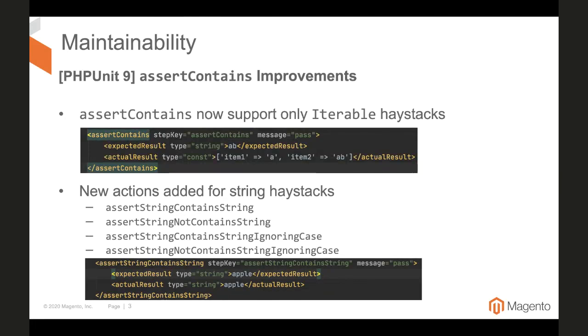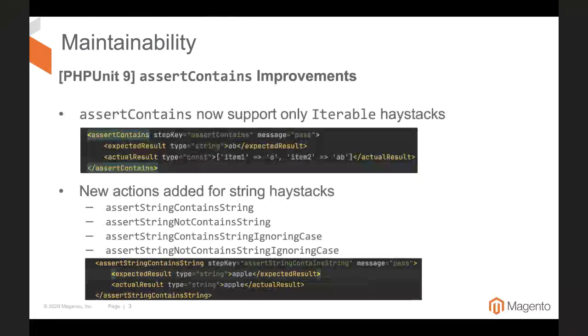So what this means for the existing MFTF tests is that usages of assertContains on iterable objects like arrays would still work. However, for comparisons with string haystacks, we have replaced the assertContains usage with assertStringContainsString and assertStringNotContainsString in all the tests, including CE, B2B, as well as the extension builds.